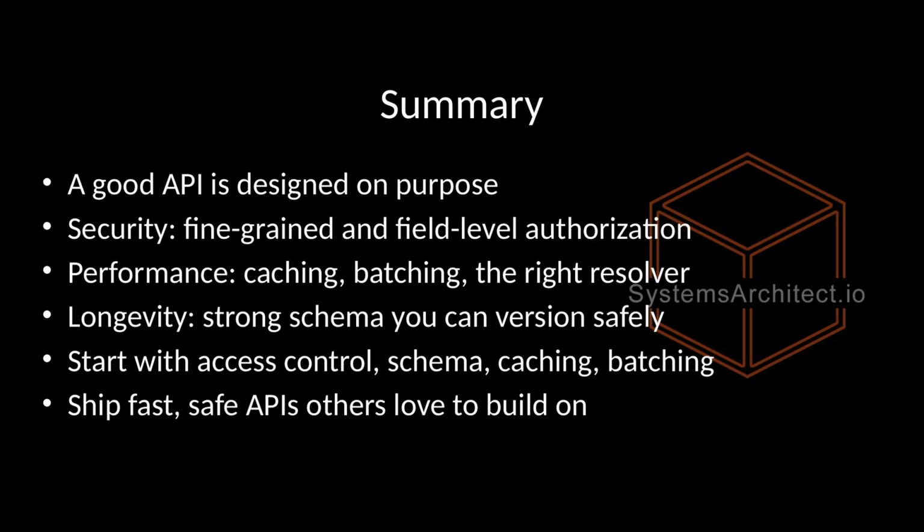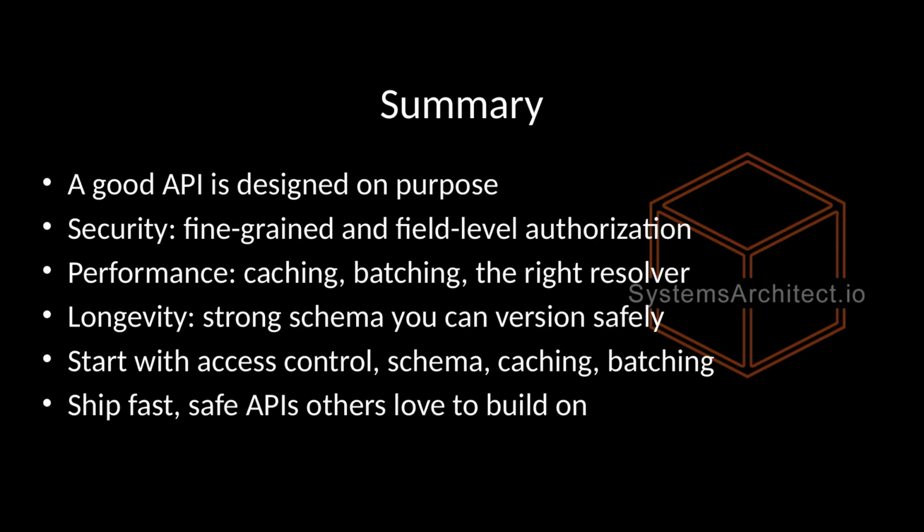Taken together, these 14 strategies turn AppSync from a convenient GraphQL layer into a secure, fast, and well-run API for your whole platform. Security comes from fine-grained and field-level authorization, performance from caching, batching, and the right resolver for each job, and longevity from a well-designed schema you can version without breaking clients.